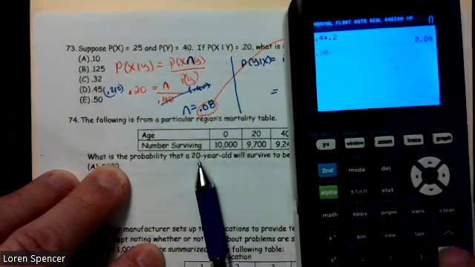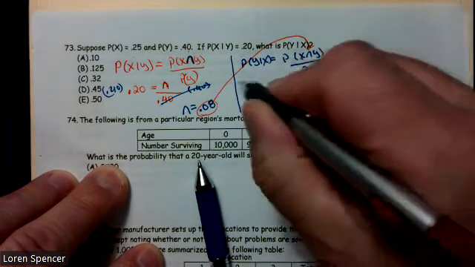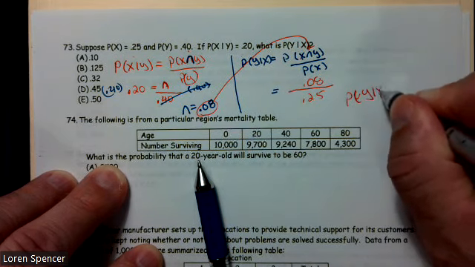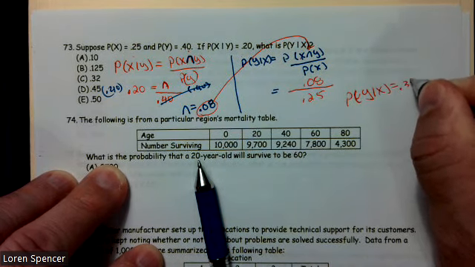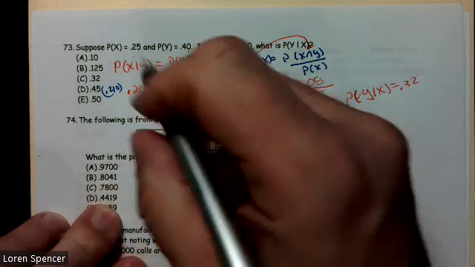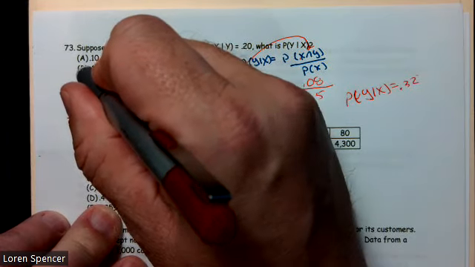So 0.08 divided by 0.25 equals 0.32. So the probability of y given x equals 0.32. All right. So our answer choice on 73 happens to be C.